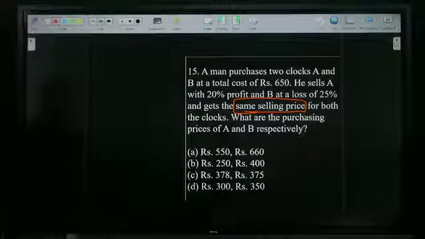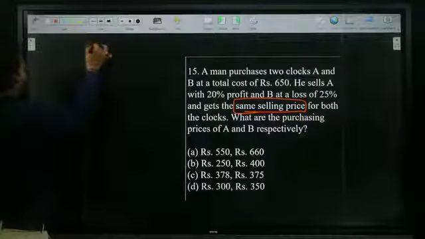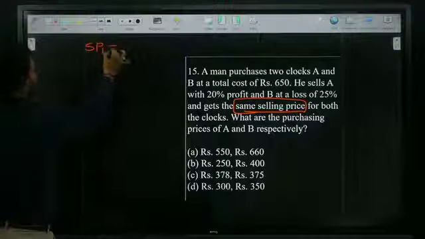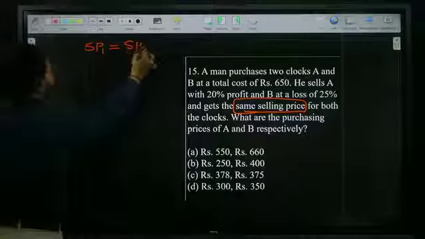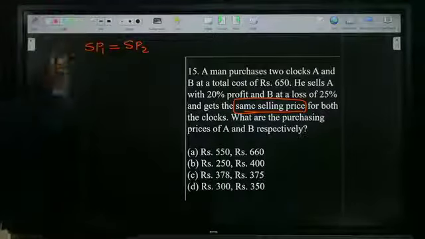Selling prices are the same. SP1 is equal to SP2. This is the keyword we got.